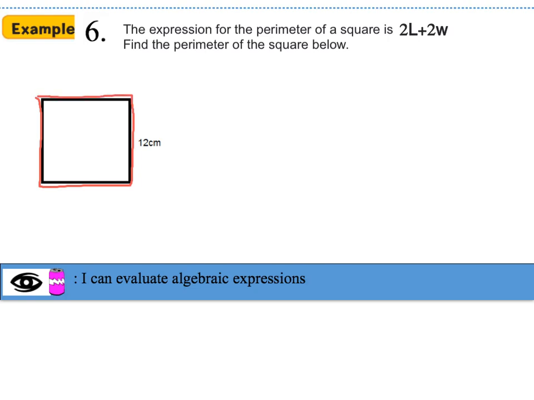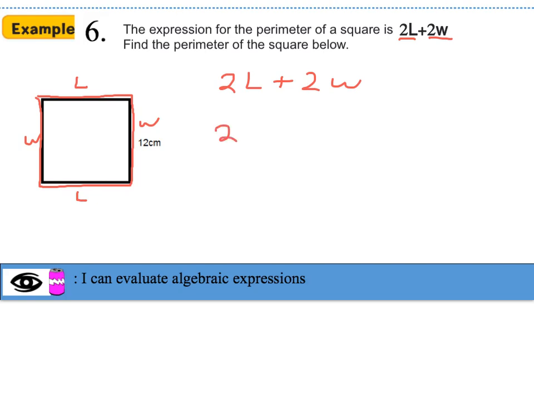So I've got 2 lengths, this is the length, and I have 2 widths, which is the reason why I have 2 lengths plus 2 widths as my expression. So if my expression for perimeter wants me to add up all the different sides, I can write 2L plus 2W, and I can go ahead and start plugging numbers into this numerical expression.